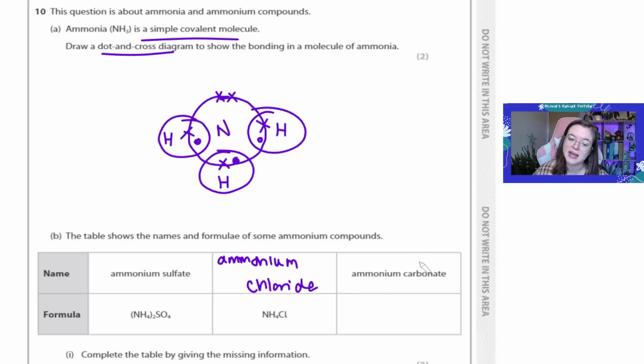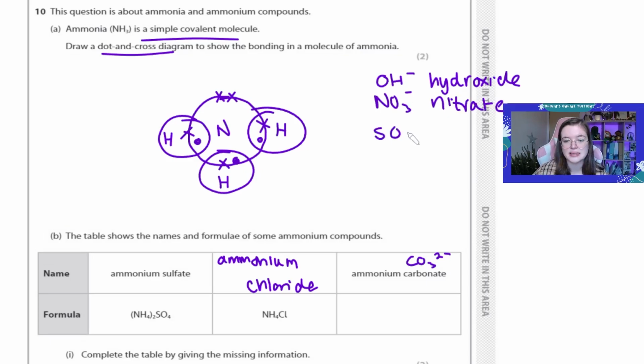And a carbonate is CO3 minus. A list of ones that you need to learn. So I'll write them out for you so you know them. So we've got hydroxide, that's OH minus. Then nitrate, which is NO3 minus. Then sulfate, SO4 minus. Or there's also carbonate, which is the one we've used in this question.